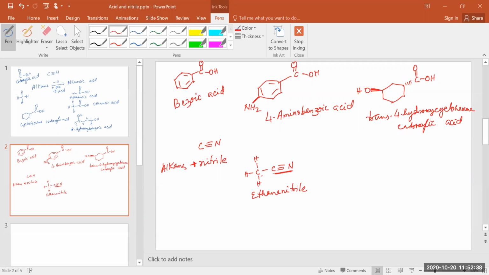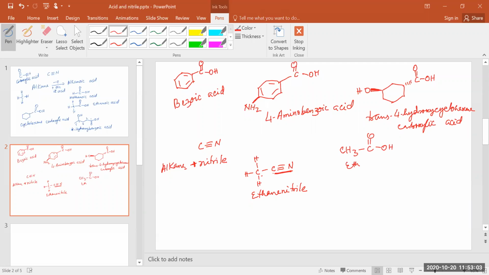Another nomenclature for this compound, nitriles are popular. They are considered as acid derivatives. So in that case, like see this one here, CH3CO. What do we say this one?